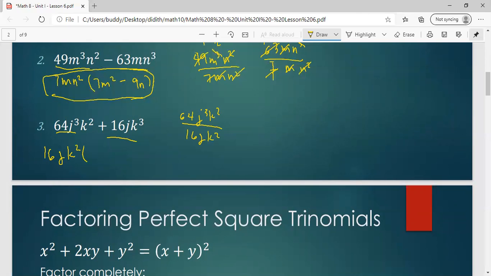So 64 divided by 16 is 4. And then j cubed divided by j, so this becomes j squared. And k squared will be cancelled here. So we have 4j squared.